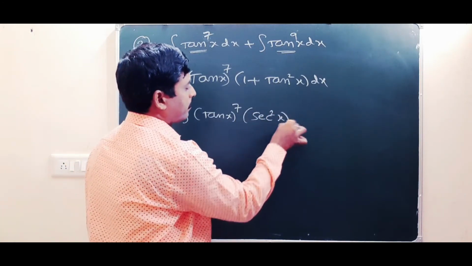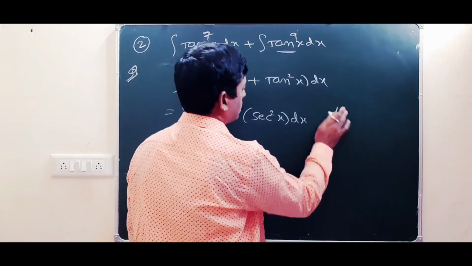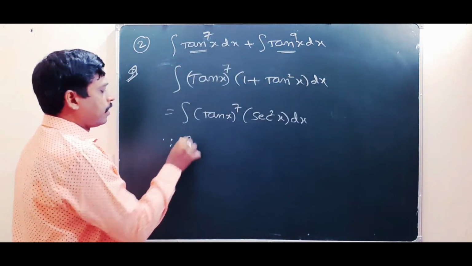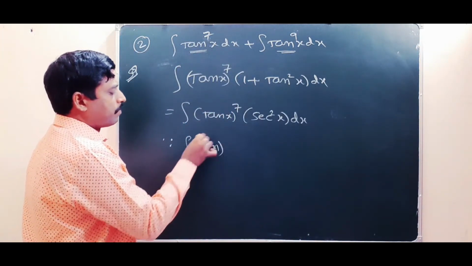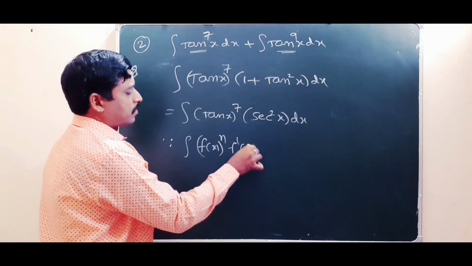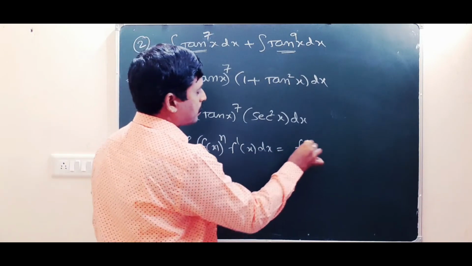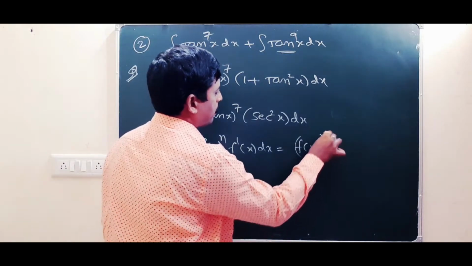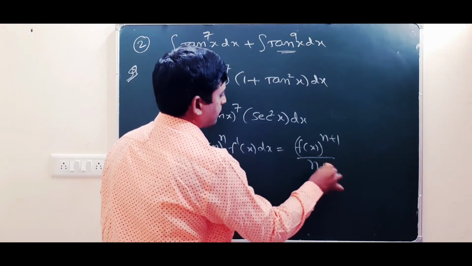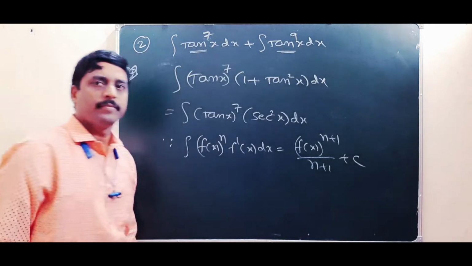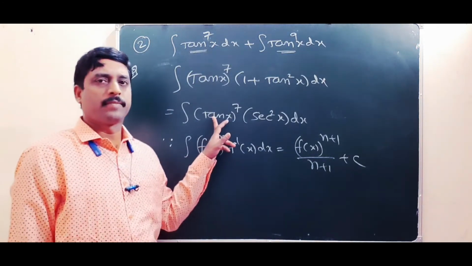Secant square x. So this is in the form of the integral of f of x power n into f dash x dx. What is the formula? It is f of x power n plus 1 by n plus 1 plus c. Here f of x is tan x.